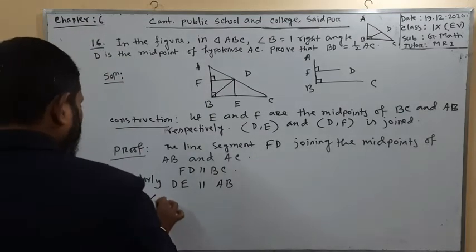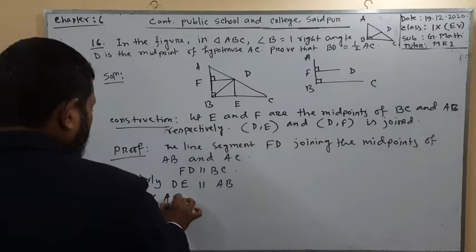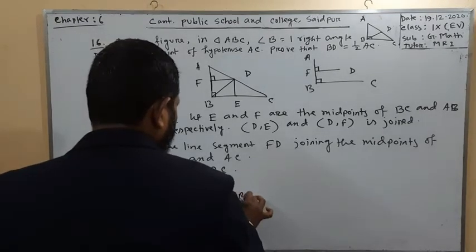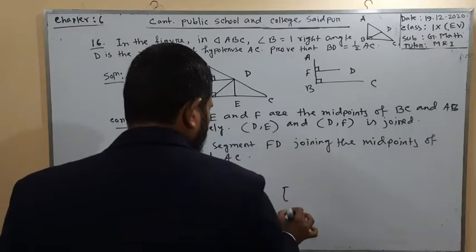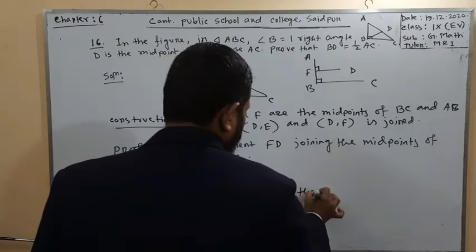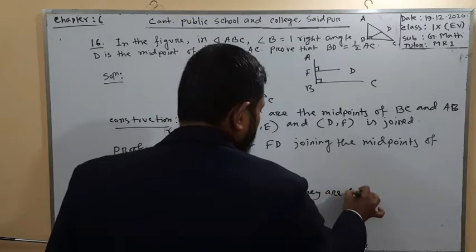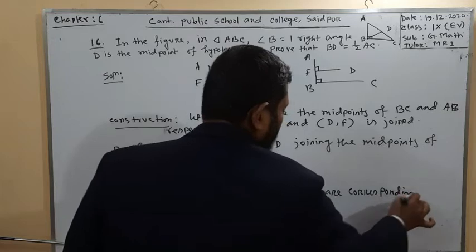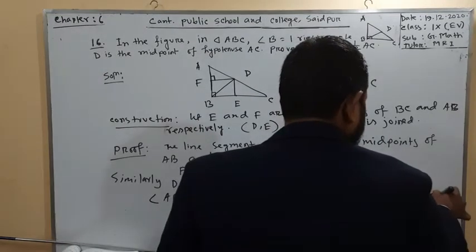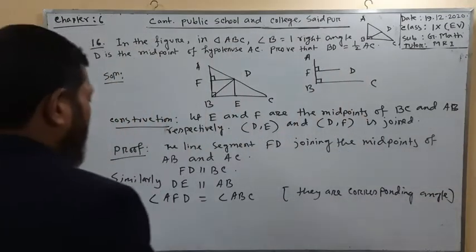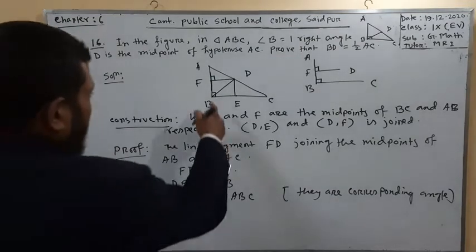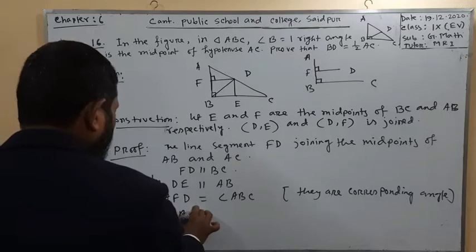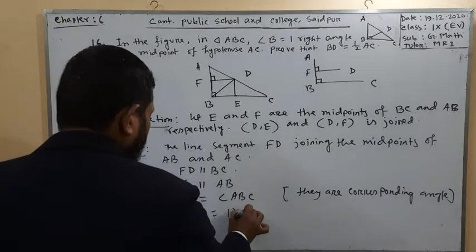So AFD is equal to ABC because they are corresponding angles. Since ABC is equal to 90 degrees, AFD will be one right angle.